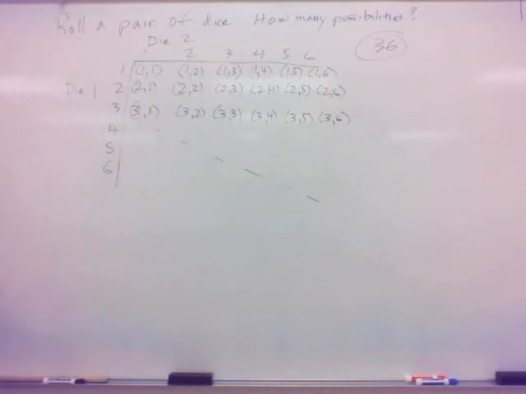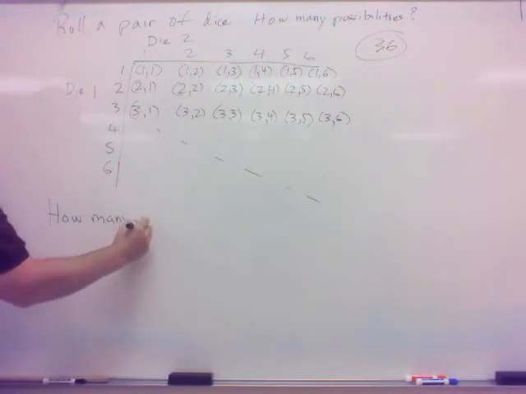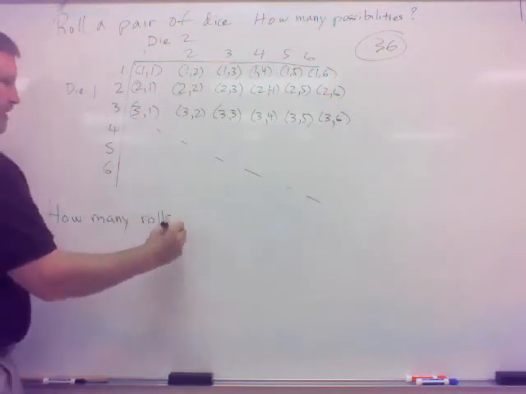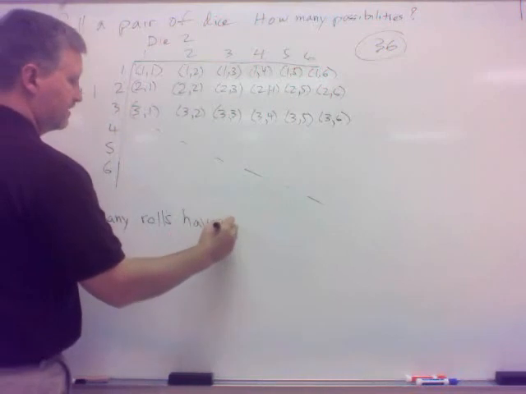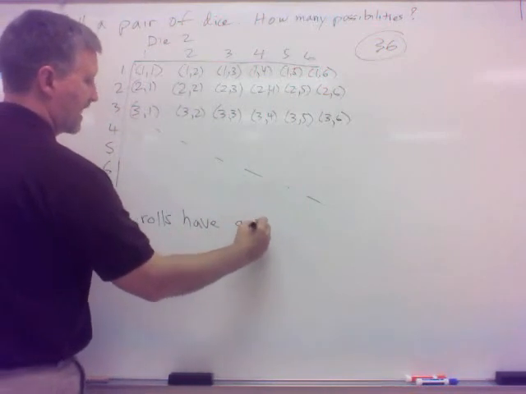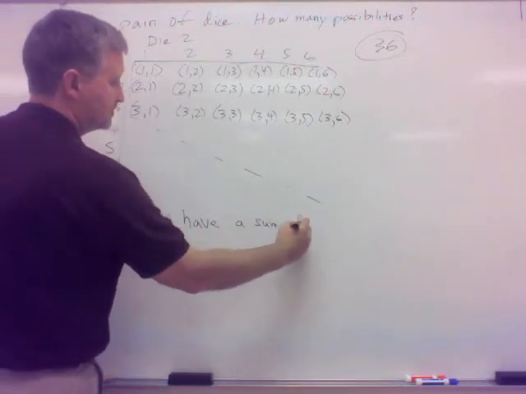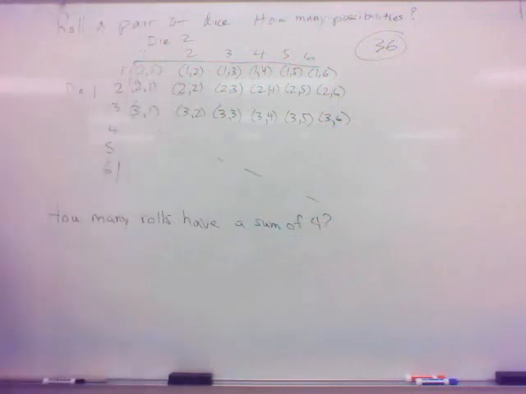All right. Now, sometimes they'll ask us some other questions about our table here, or the pair of dice. So how many rows have a sum of 4? Well, of course, you just want to list those out.